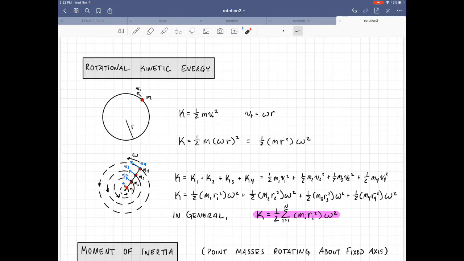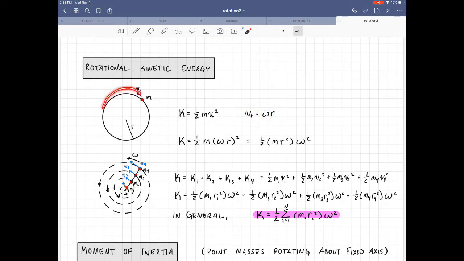I've got a mass m traveling around this circle. So the translational speed is just given by v here. So the kinetic energy, the translational kinetic energy, is 1/2 mv squared. And what I want to do is take the relationship between the translational speed and the angular speed.